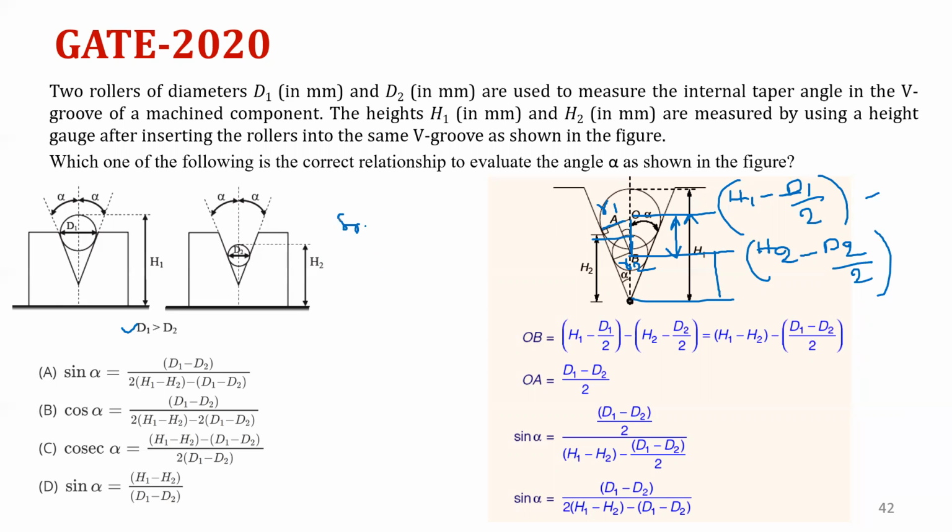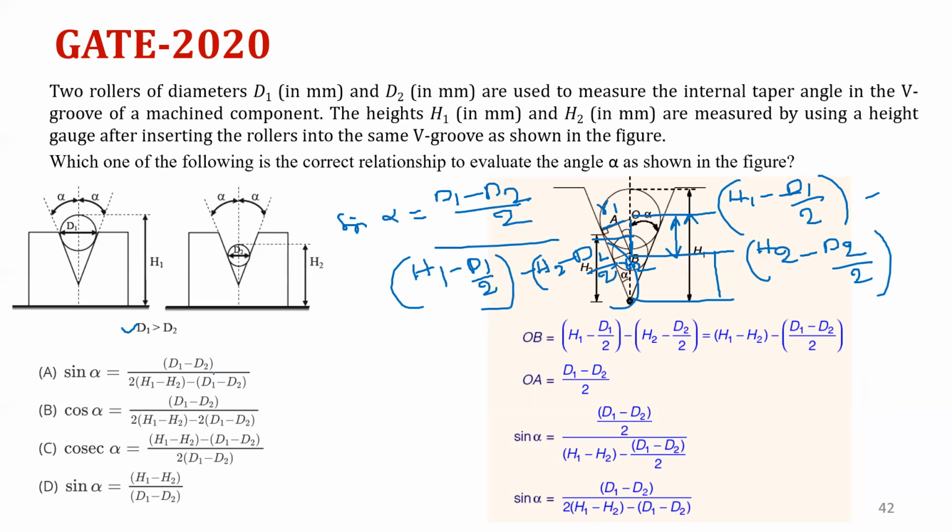Therefore, sine alpha by 2 is equal to the opposite side, D1 minus D2 by 2, divided by H1 minus D1 by 2 minus H2 minus D2 by 2.